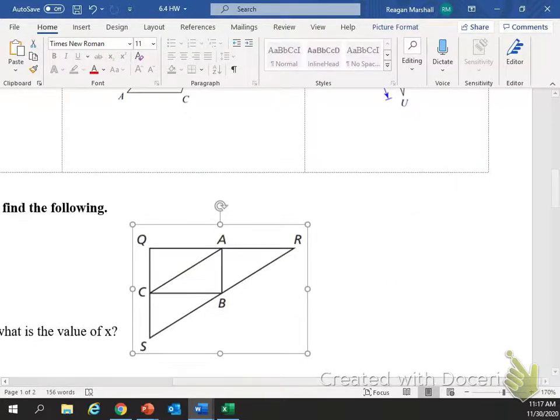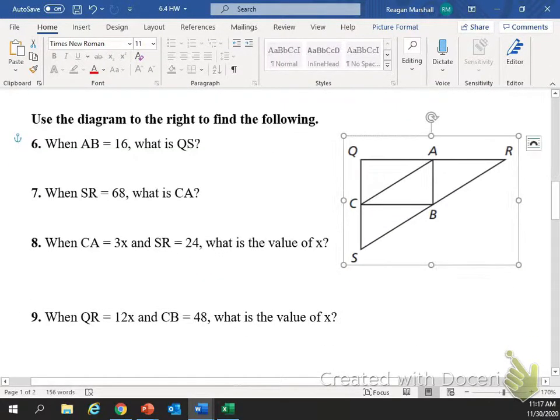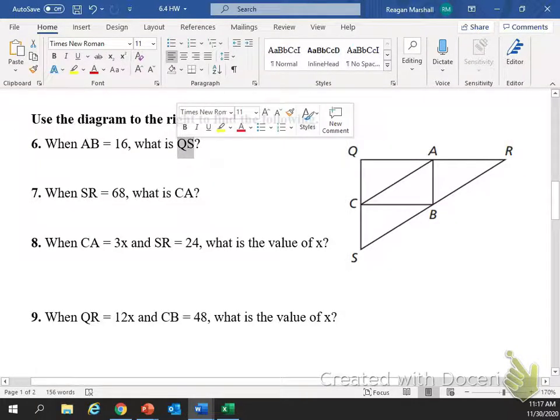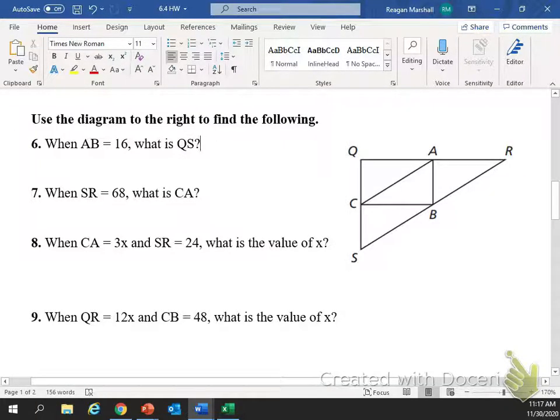We scroll down. Make sure you answer, like this one should say QS equals, and so on and so forth. Make sure you write QS equals, but yes. Not quite, Desiree. Correct. Correct.